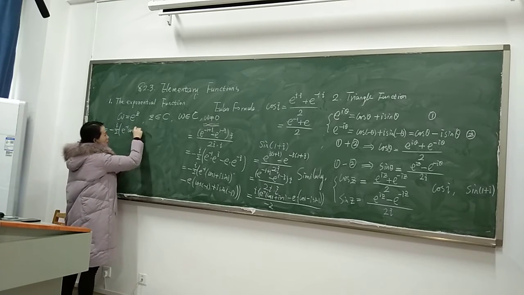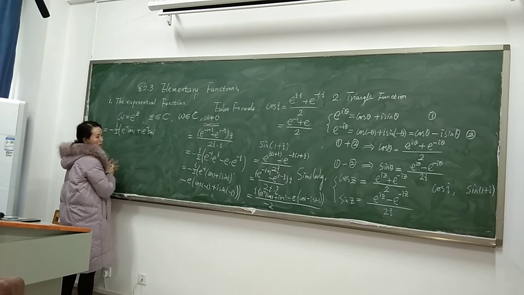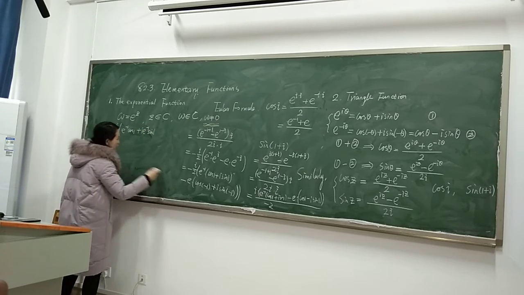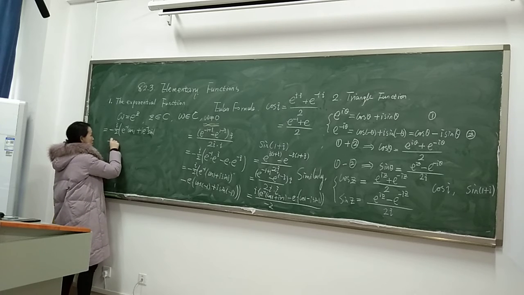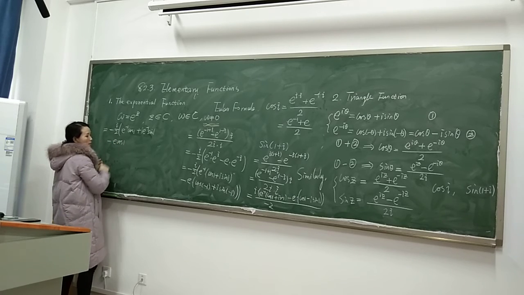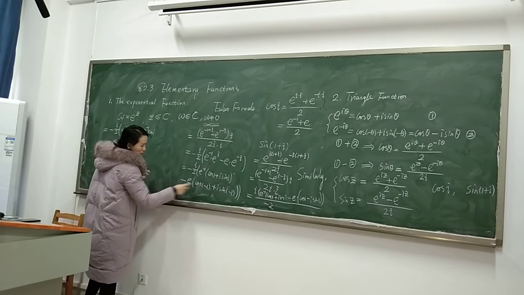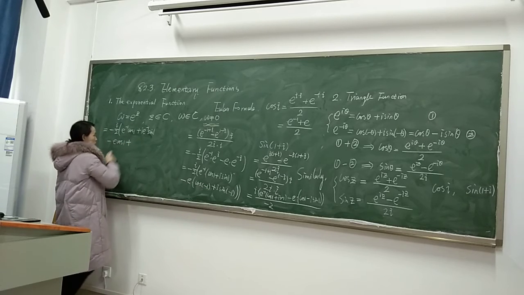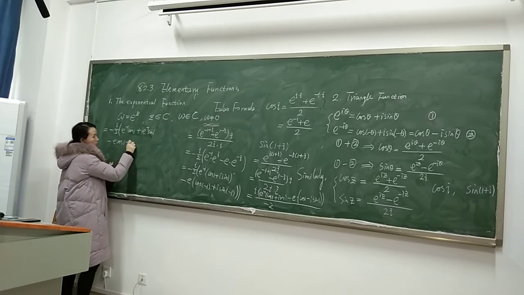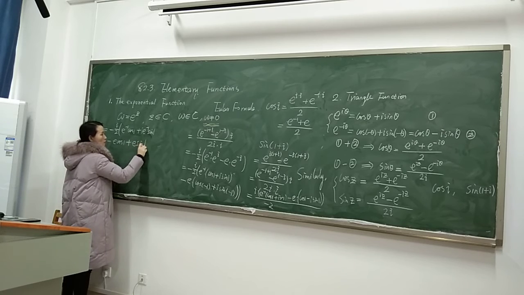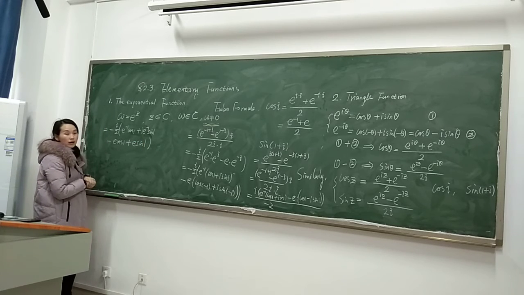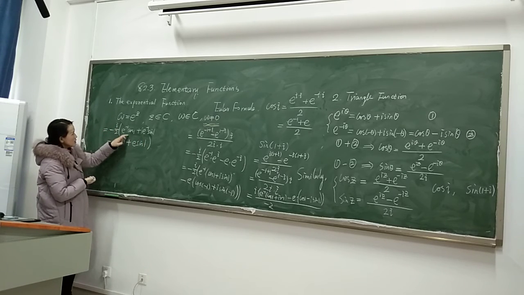This is I e negative 1 sin 1. This is e cosine 1. This is negative. So plus e sin 1. Then we put I inside.